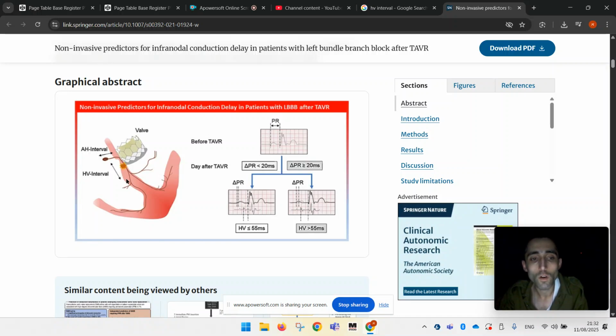Now, what can cause this HV interval prolongation? As you can see in this image, there is something iatrogenic, because there is an artificial valve after a TAVR, and you see the aortic valve. This is left.